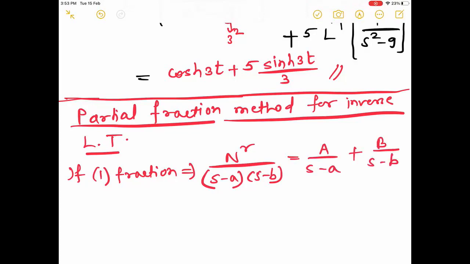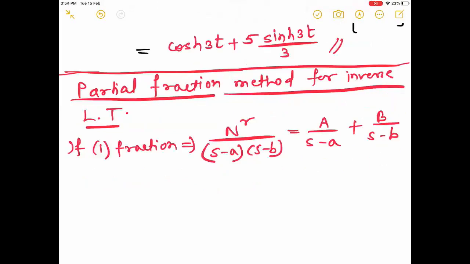Split the factors into 2 parts, that's why it's a partial fraction, and get the answers for A and B. Therefore the numerator of the left hand side is equal to the numerator of the right hand side.